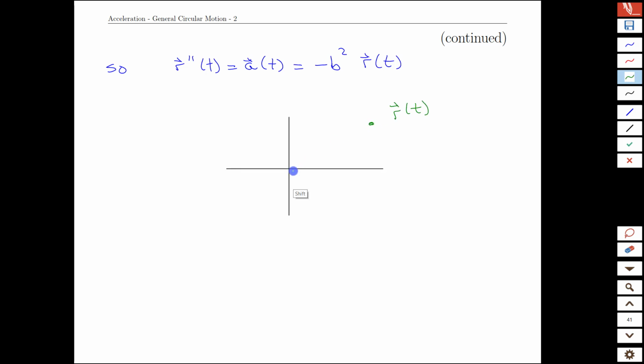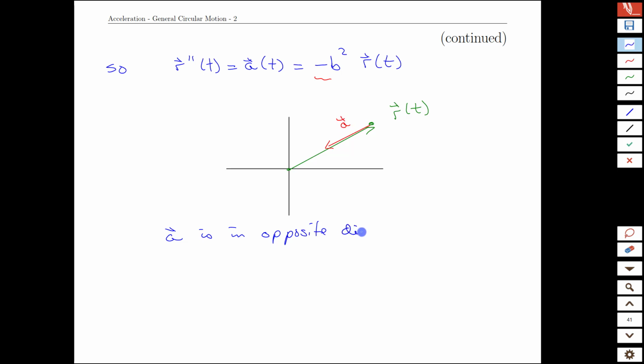If we think of it as a vector, we don't usually, but here it's very helpful. That vector measured from the origin is our r of t. The acceleration vector will be in the opposite direction and scaled by b squared. Guess we should label that to make it clear.